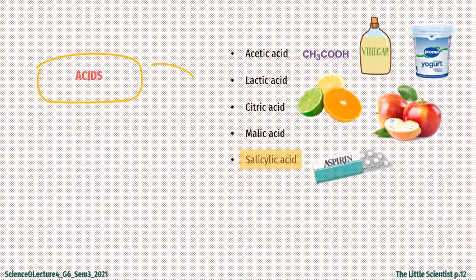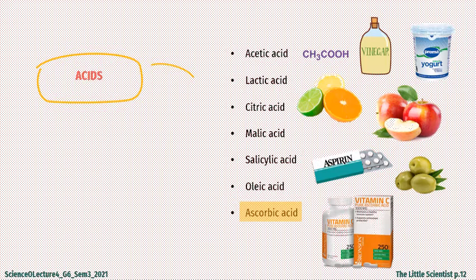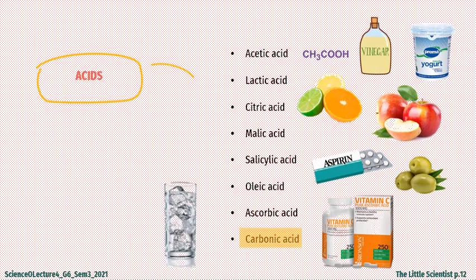Aspirin contains salicylic acid, while olives are rich in oleic acid. Vitamin C, or ascorbic acid, is found in some medicines that we use when we feel sick. Soft drinks contain carbonic acid.